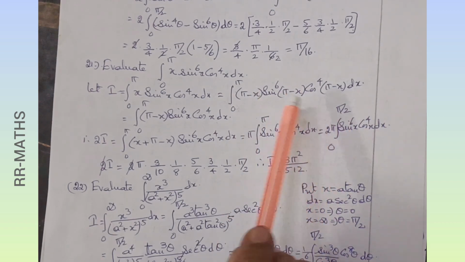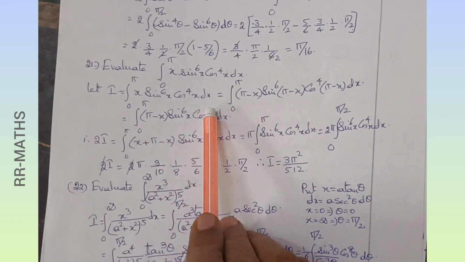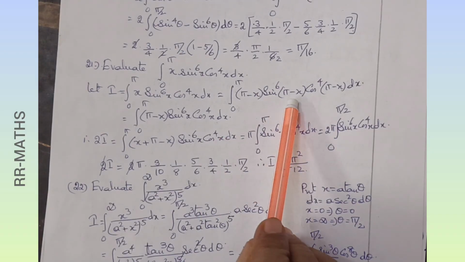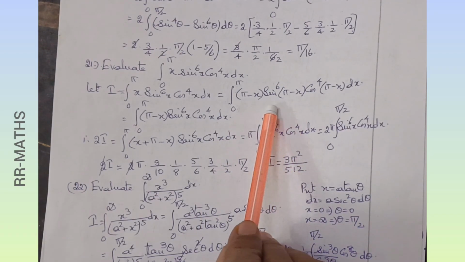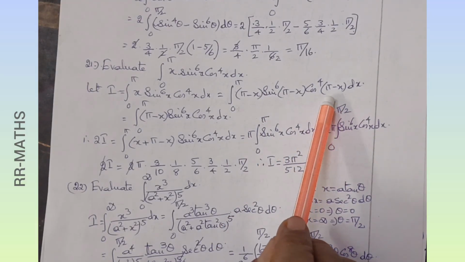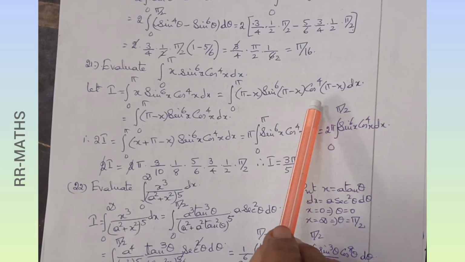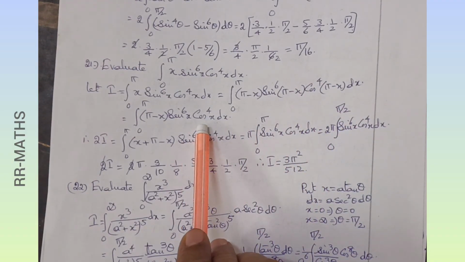You simplify this, you get (pi minus x) into sine power 6x cos power 4x. Actually, sine of 180 minus theta is in the second quadrant. Sine remains positive, leaving you with sine theta. But cos of 180 minus theta will be minus cos theta. But the power of 4 will make it positive, so I get a positive value here.